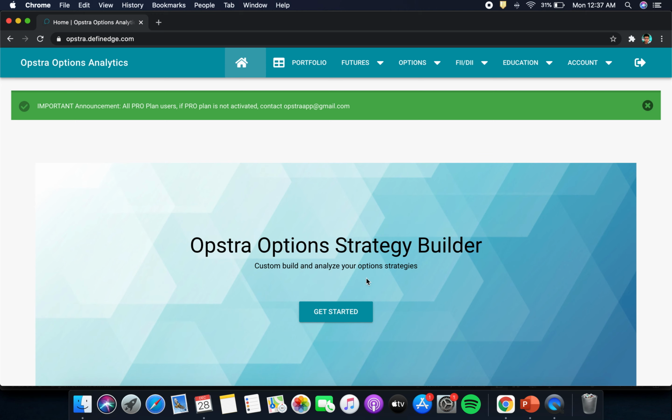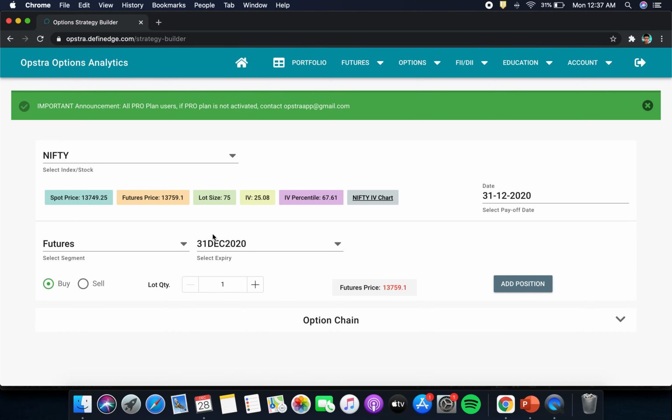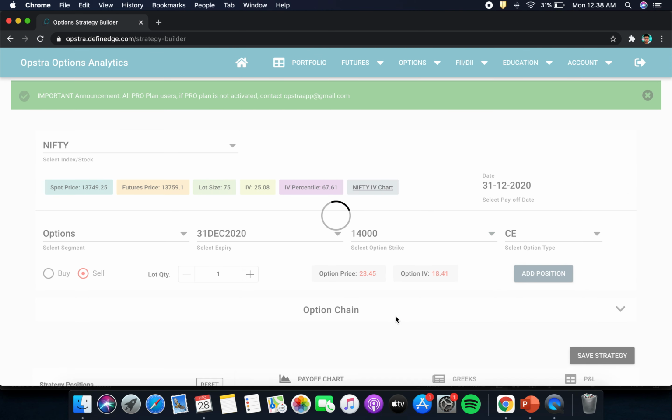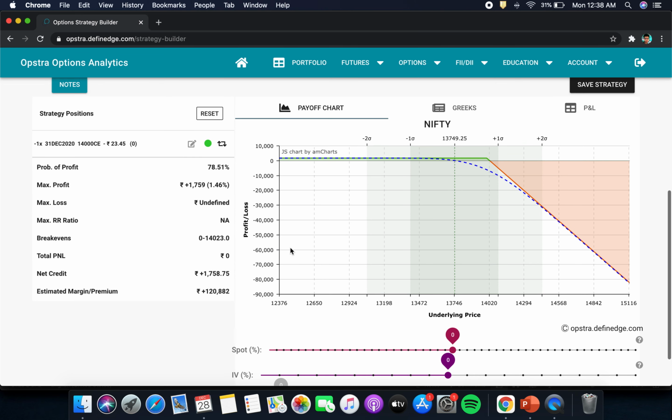So here I have opened Opstra, and we are going to simulate this for the upcoming expiry, that is the monthly expiry of Nifty, which is on 31st of December. So let's say that you have a view, or after performing certain analysis, now this could be technical analysis based on price action or based on option chain, you think that Nifty is going to expire below 14,000. So what you would do is sell a call option of 14,000 for the upcoming expiry, but as you can see, the max loss here is undefined and you can have an infinite loss if Nifty starts to go above 14,023.